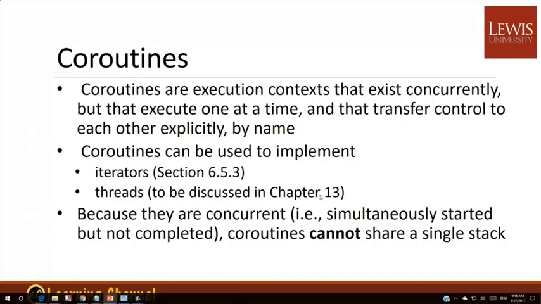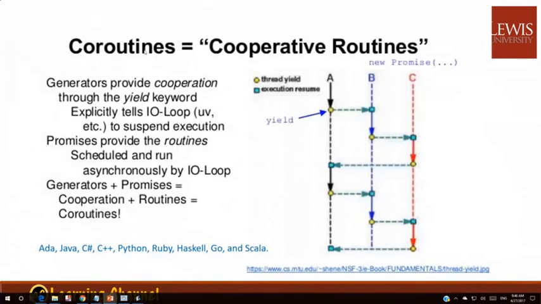So let's look at the next slide. Coroutine means cooperative routines. We may have function A, which yields control to function B, and B keeps going and then transfers control to C. C runs a while, then goes back to A, runs a while, goes back to B, runs a while, and then goes to C. So A, B, C are three different routines, and they call each other back and forth.